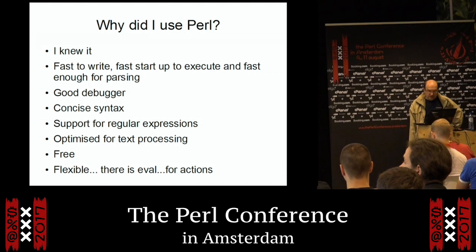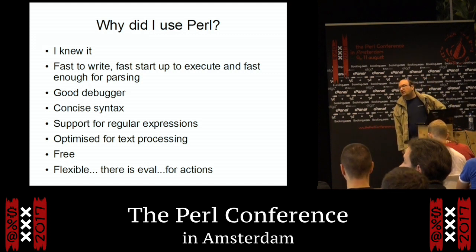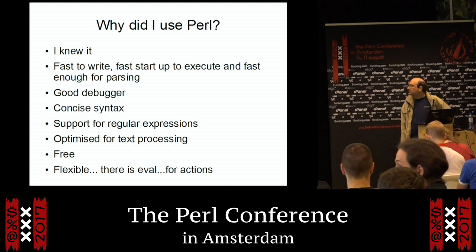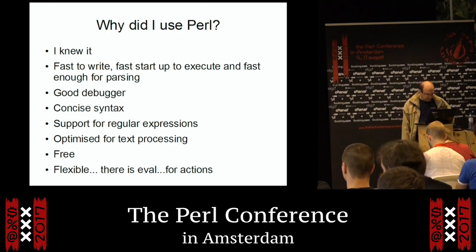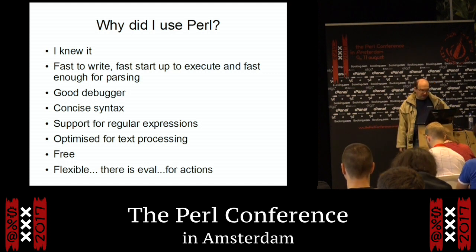Perl has support for regular expressions, and my idea was that for the language transformation, I would use regular expressions because they are powerful, they are short. You can express ideas in a very short way. And Perl is free. We know it's maintained. It's popular enough, and there is more.